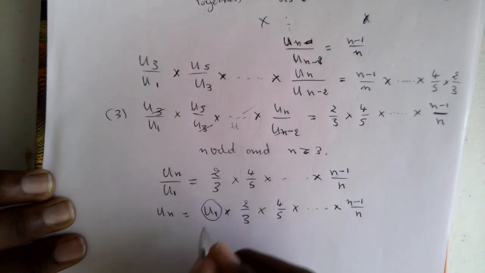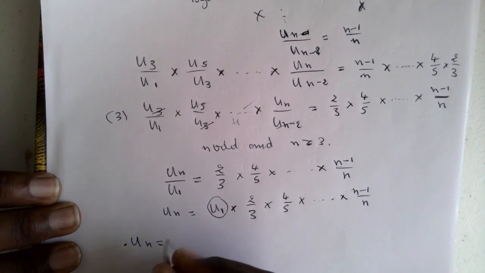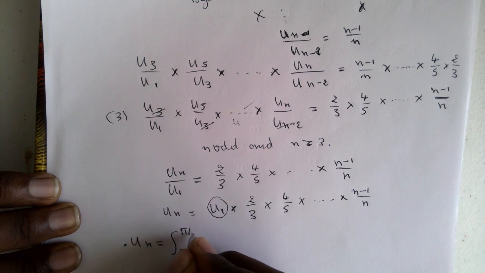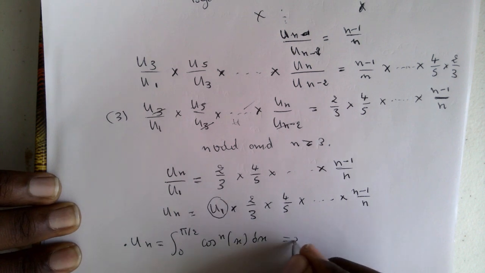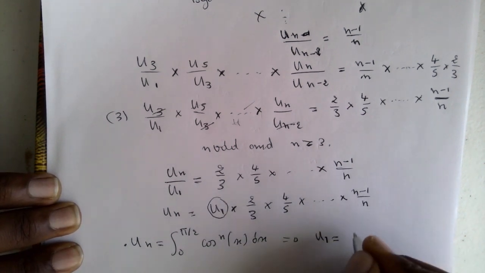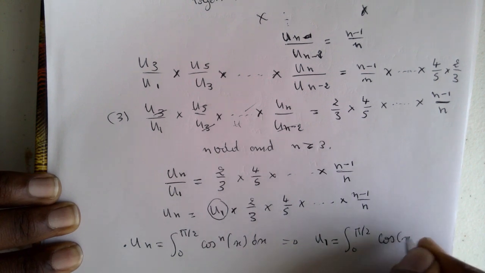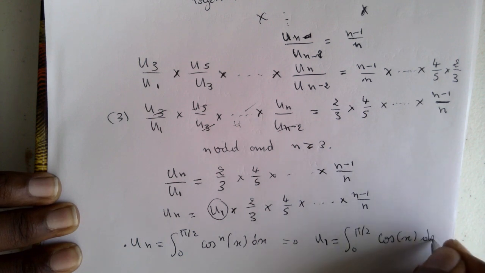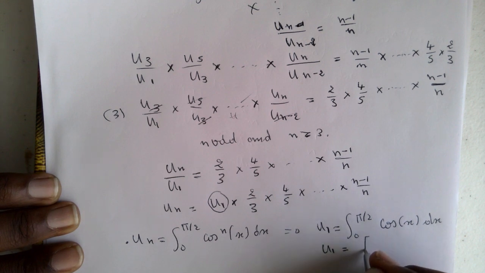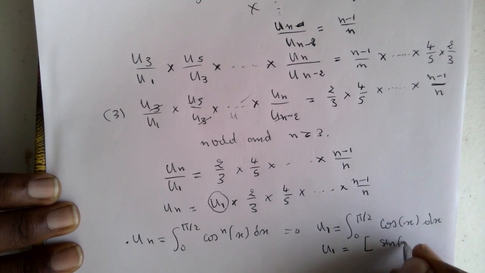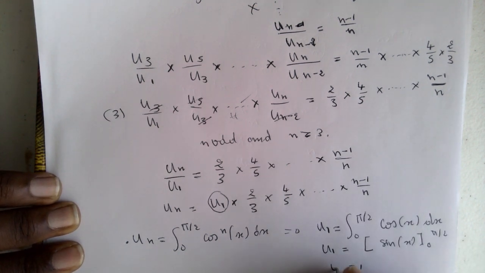So we need to find the value of u_1. Remember that u_1 equals the integral from 0 to pi over 2 of cosine x, since the power is 1, which is equal to sine of x evaluated from 0 to pi over 2, which is 1.